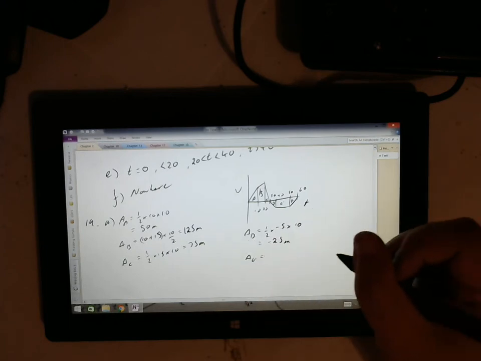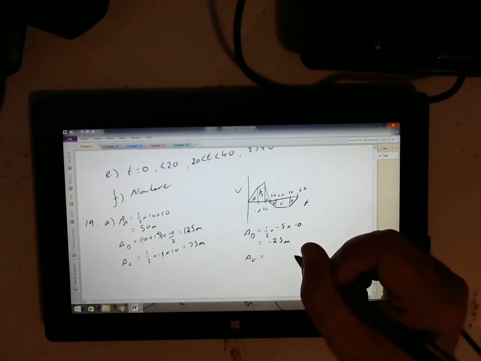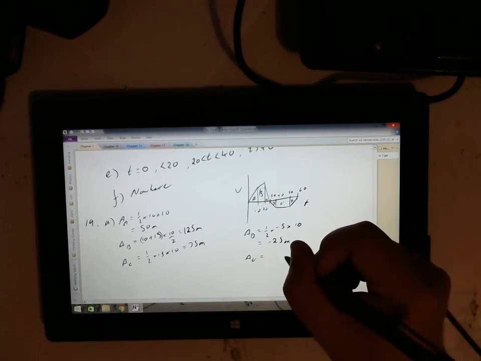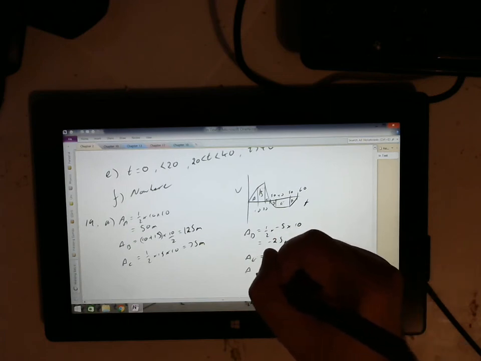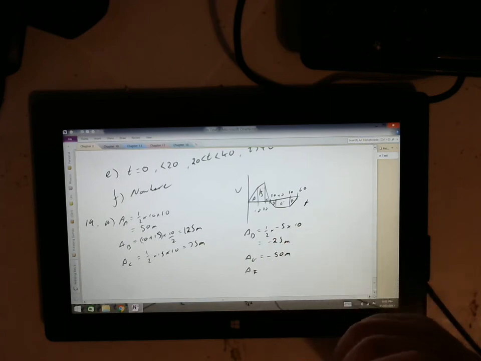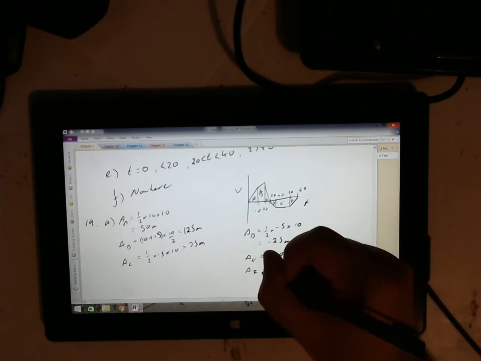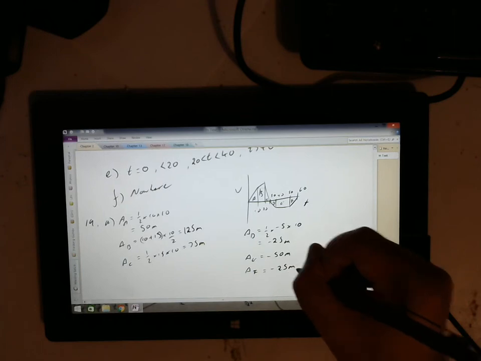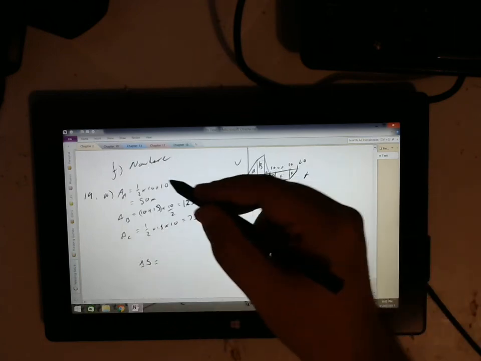Area of E equals a square of -5 times 10, so it's going to be -50 meters. And area of F is the same shape as area D, so it's also going to be another -25 meters.